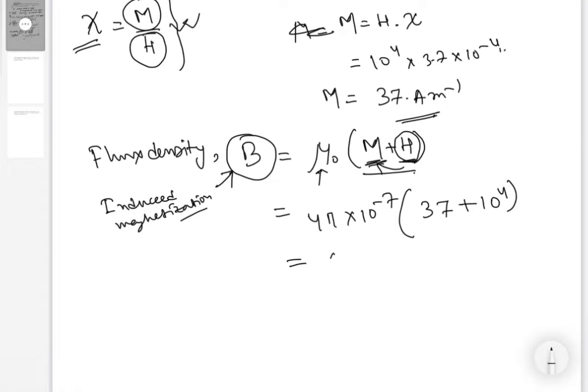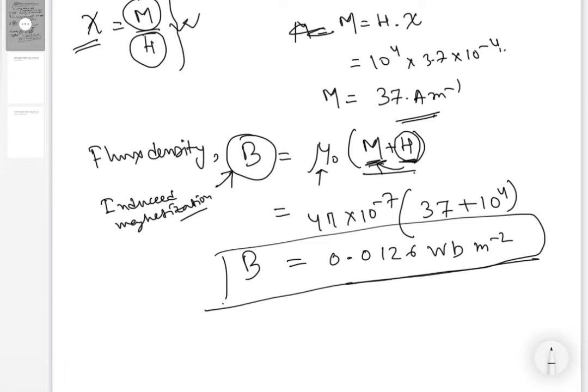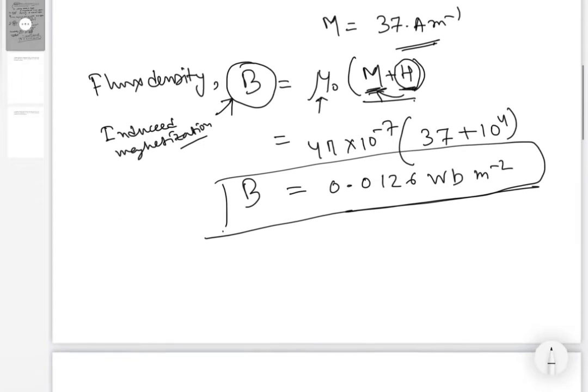So ultimately it comes to 0.126 Weber per meter square. So this is the final magnetic flux density. Okay, I think it is clear now.